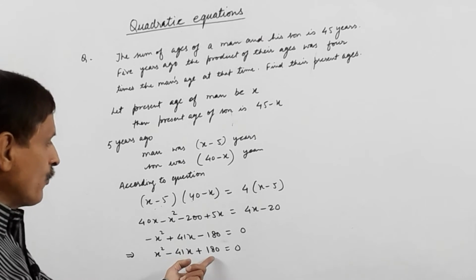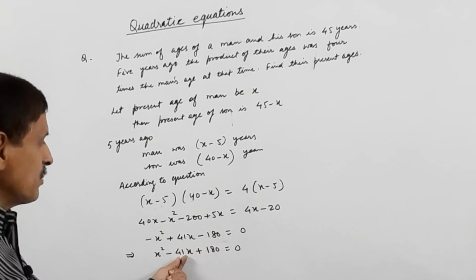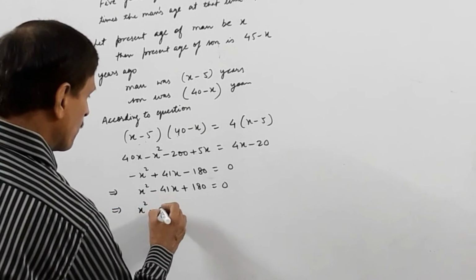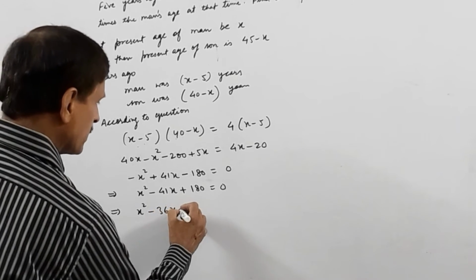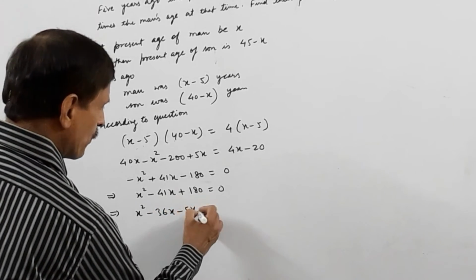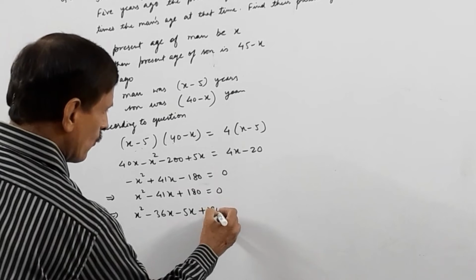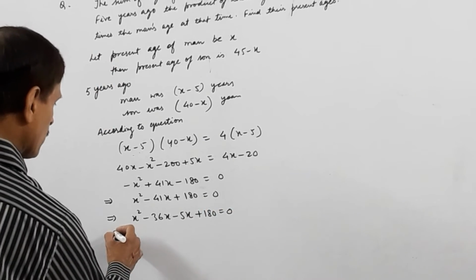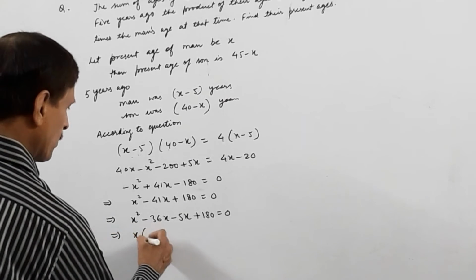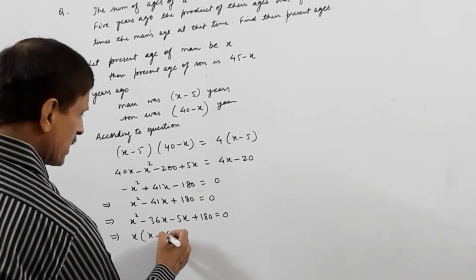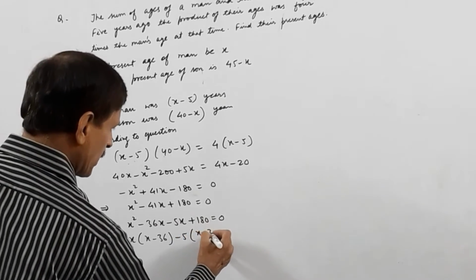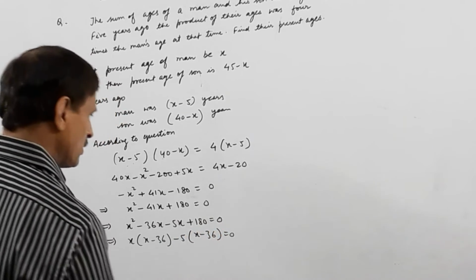Now, as the product of a and c is 180 and the sum is 41, splitting the middle term, x square minus 36x minus 5x plus 180 is equal to 0. Taking x common, x minus 36, minus 5, x minus 36 is equal to 0.